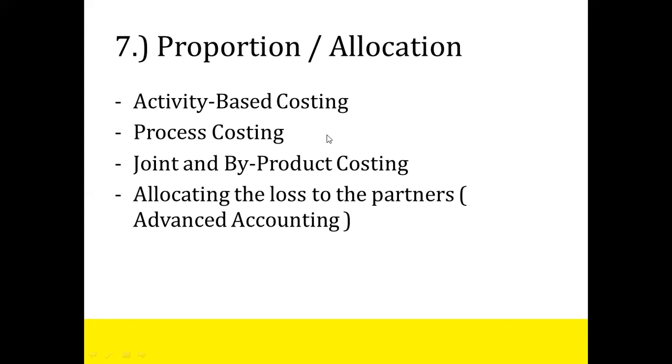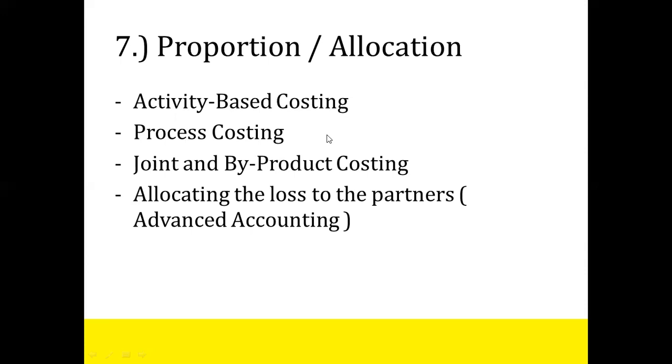And then ito naman, process costing. Kung napapansin nyo, process costing talks about how do we allocate cost to the work in process and the finished goods inventory. Magkano ang i-allocate natin sa finished goods? Magkano ang i-allocate natin sa work in process?